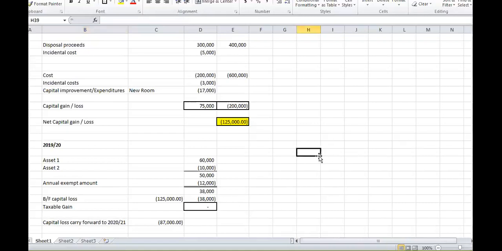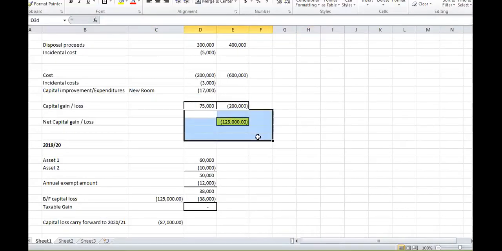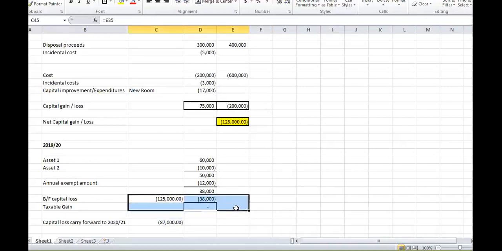So what is the treatment of capital loss? First of all, we will net off capital gains and capital losses. If there is a net capital loss, this loss will be carried forward and deducted from capital gains of the future years.